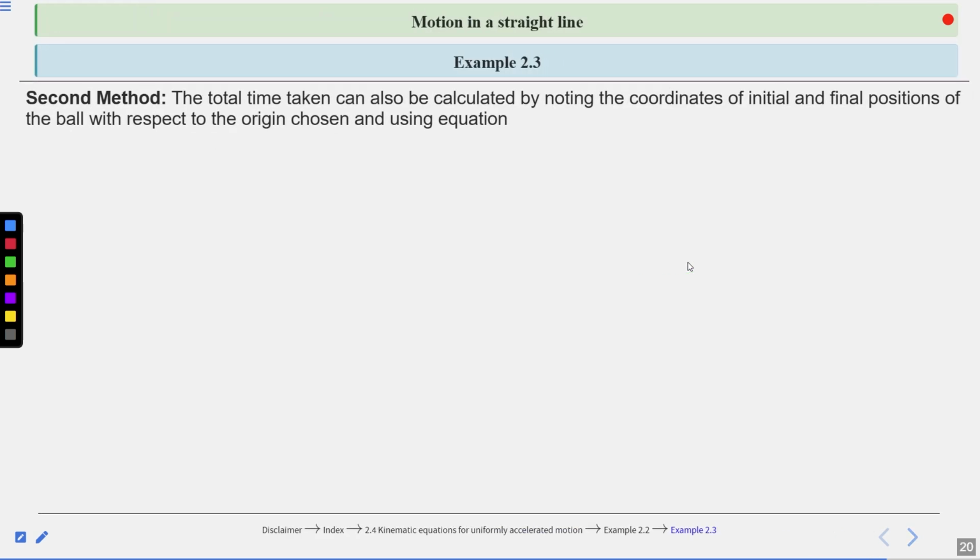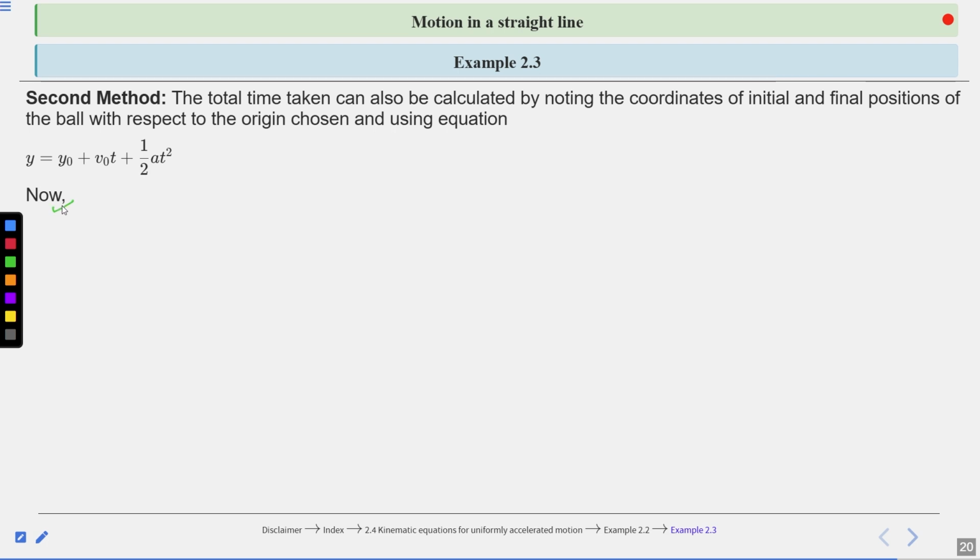Second method: the total time taken can also be calculated by noting the coordinates of the initial and final positions of the ball with respect to the chosen origin, using the equation y is equal to y naught plus v naught t plus half a t square.